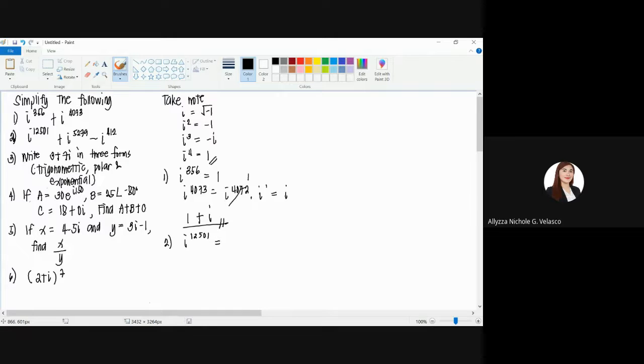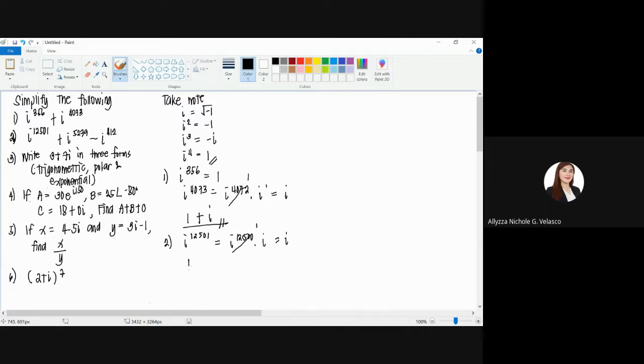Again, check if it's divisible by 4. 12,501 divided by 4 has a remainder of 0.25. So again, get the nearest value, that is i raised to 12,500. Again, we have a remainder of 1, so this is equal to i, since this part is 1.